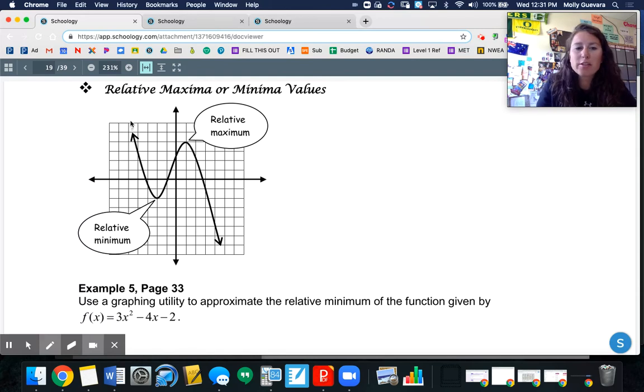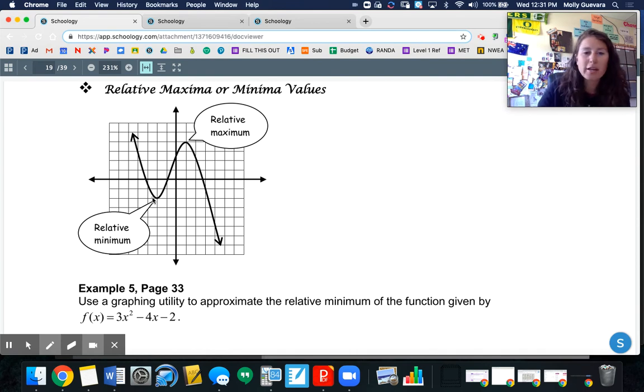Like, see how this graph continues on? There really is no true maximum here, but my relative maximum is this point because it is a turning point. And if you take out the arrows of my graph going on forever, it is a maximum. And same thing with the relative minimum. And you can have multiple relative maximums or minimums, okay?